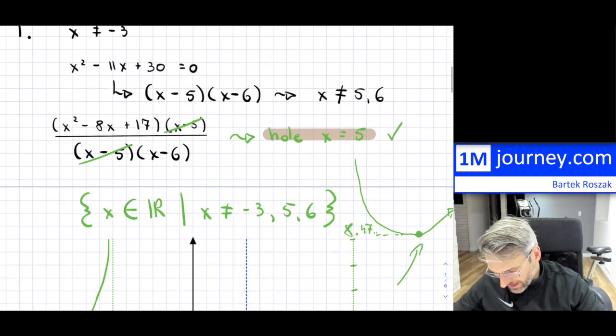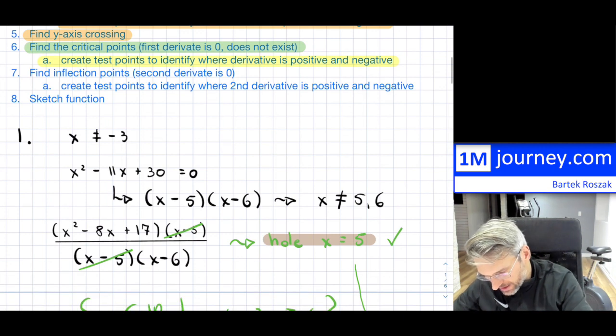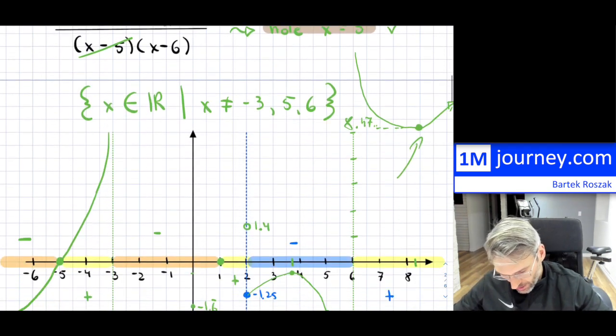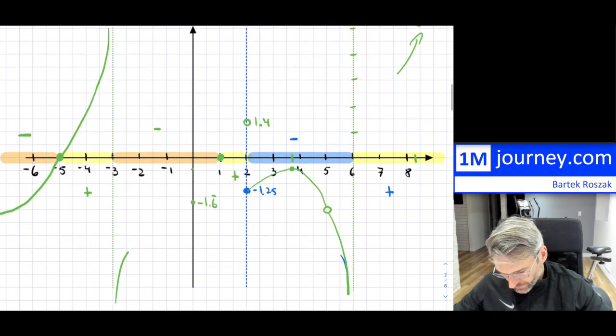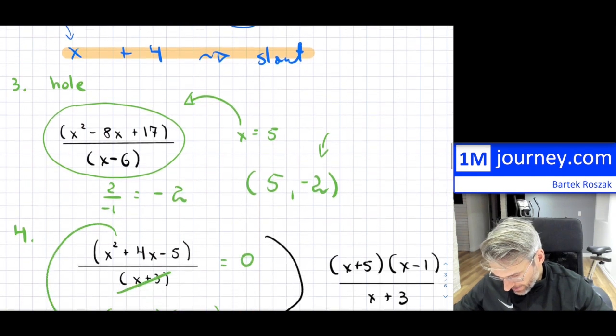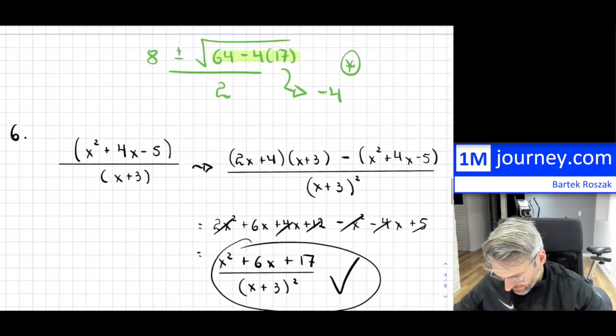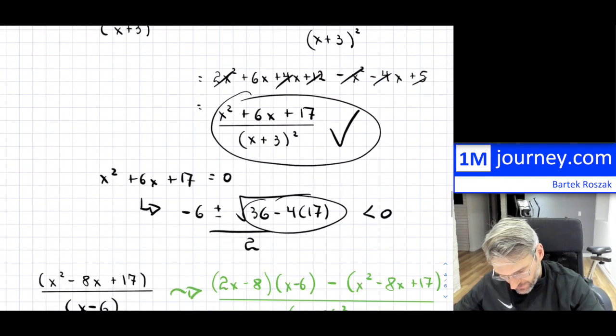So there is one last item that I have to do, and that's finding the inflection points, but I'm only going to do that for the function which is on the left of x equals 2. For that function, we already have the first derivative.